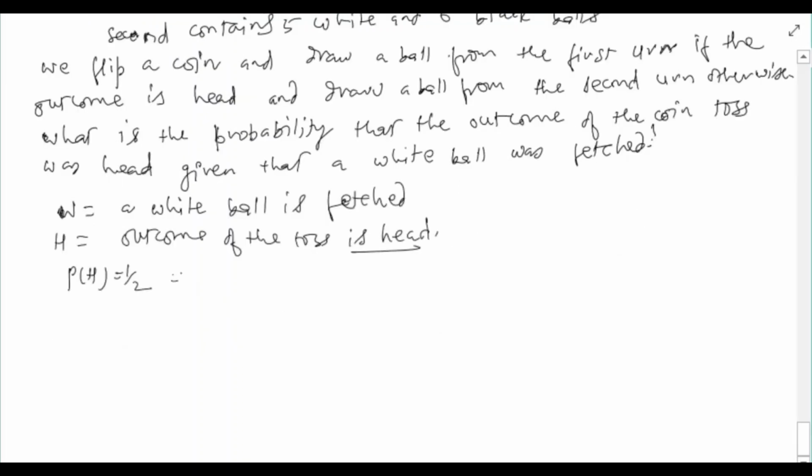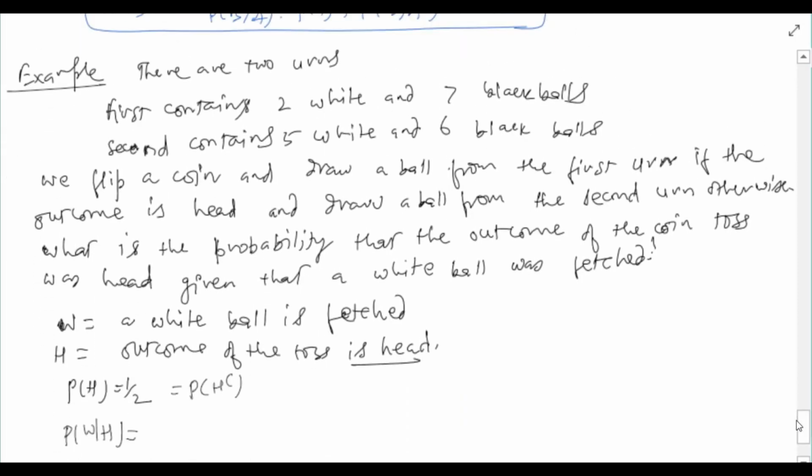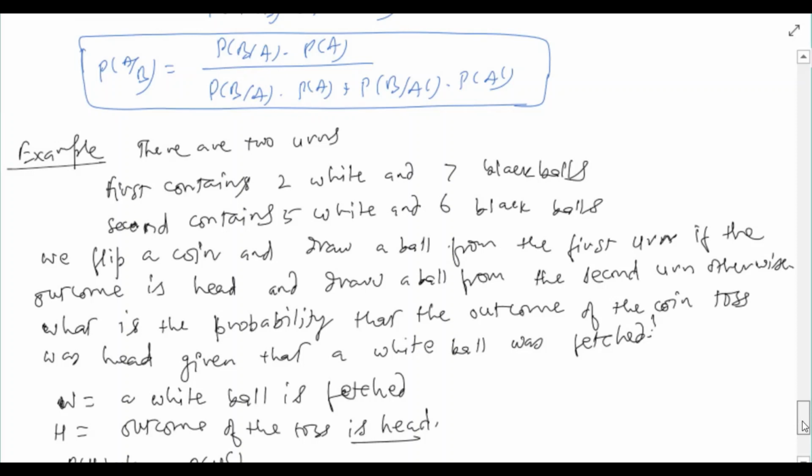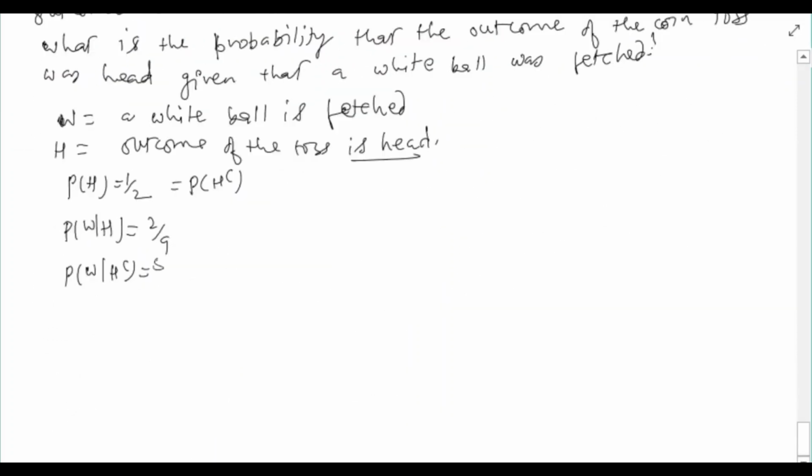So is probability of H complement or probability of tail. Probability of W given H, that is given that the outcome of coin toss was head, what is the probability that a white ball would be fetched, will be 2 by 9. Similarly, probability of W given H complement would be, there are 5 white balls and 6 black balls, so it would be 5 by 11.